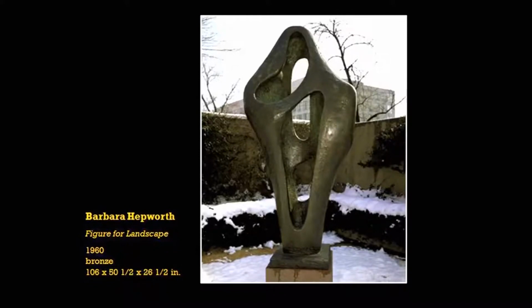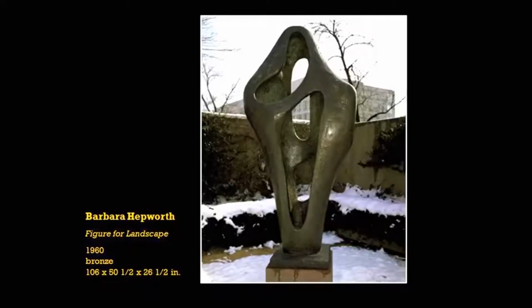Similarly, because there is a title and the title reads Figure for Landscape. Now both these things, figure and landscape, are real entities in our real life. But what exactly does she mean when she puts this title? Does she want us to read a figure here, which is not completely impossible?